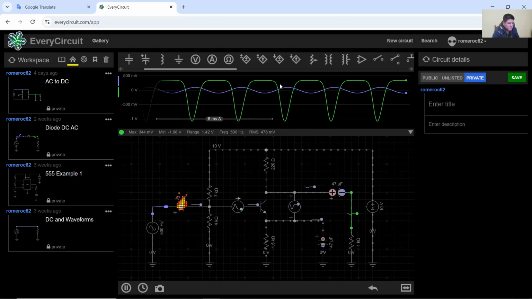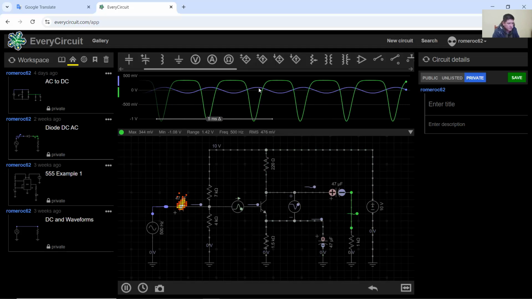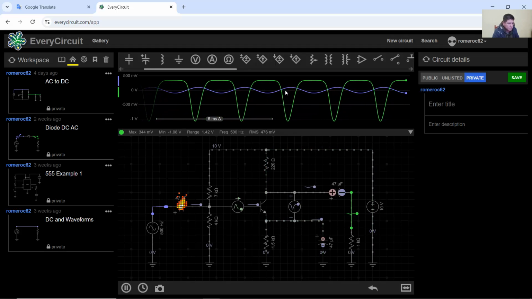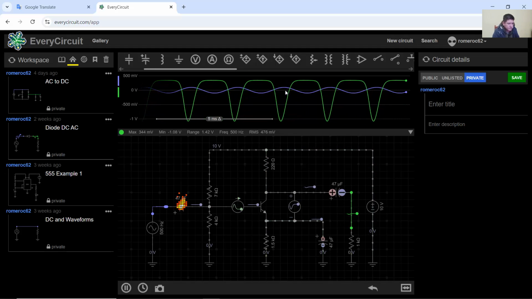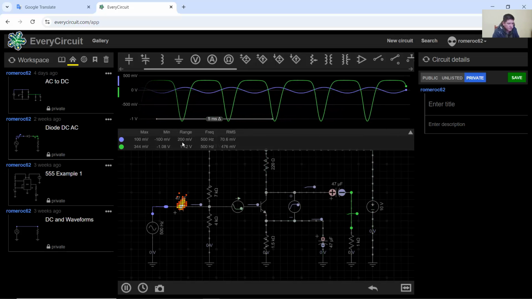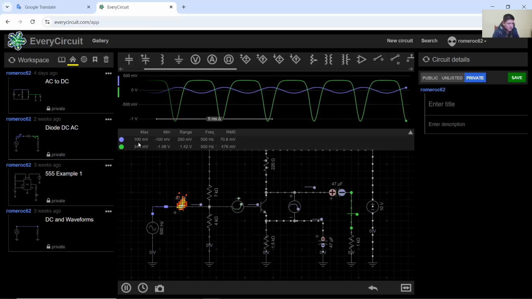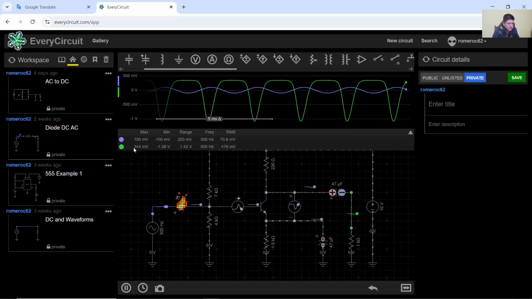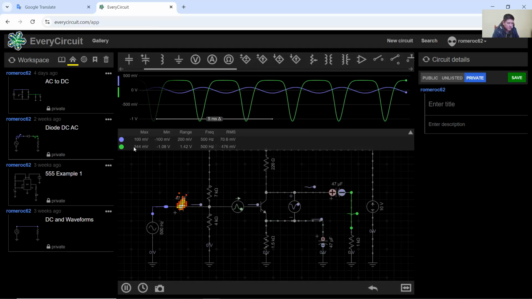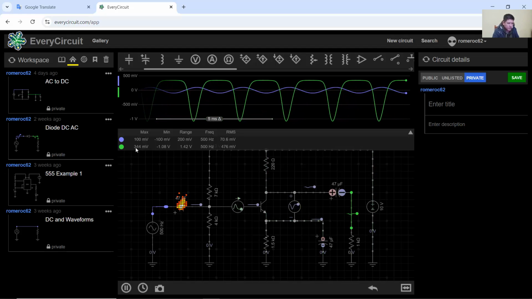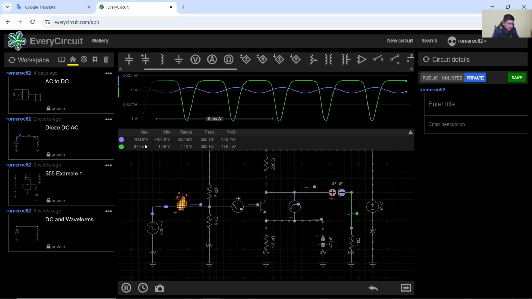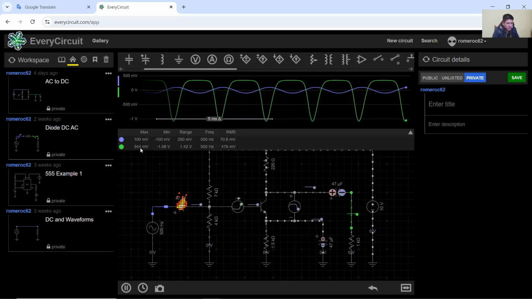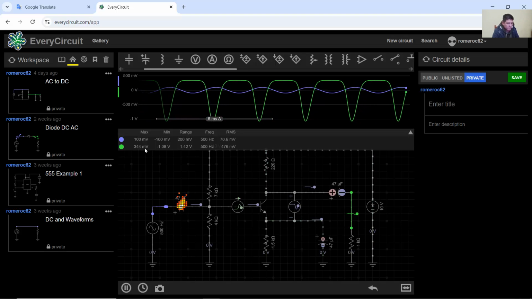The output has more amplitude than the input. The maximum value of the input is 100 millivolts. The output has a maximum value of 344 millivolts, amplified by a factor of about three.